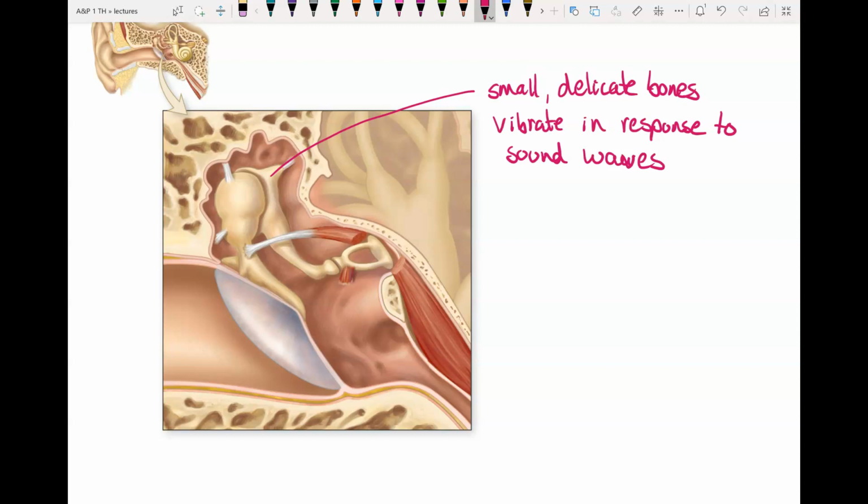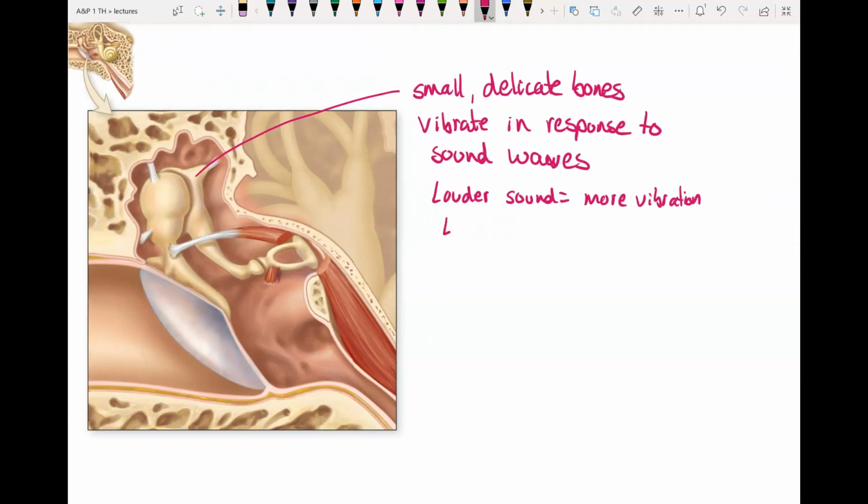The louder the sound, the more they vibrate. Well, a really loud sound could vibrate them so much that they could break. So loud sounds can be dangerous for them.